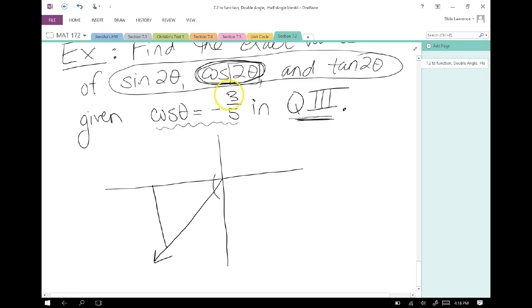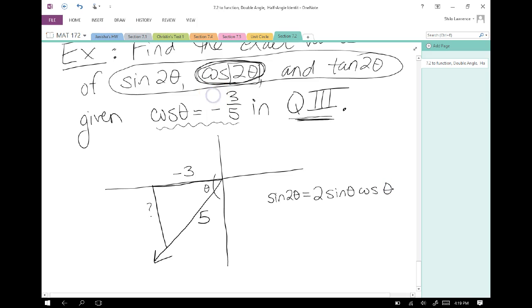Cosine is adjacent over hypotenuse. So our adjacent side is -3. Our hypotenuse is 5. And we can use the Pythagorean theorem to figure out that opposite side. We're going to need to know that because to figure out sine of 2 theta, the identity is 2 sine theta cosine theta.